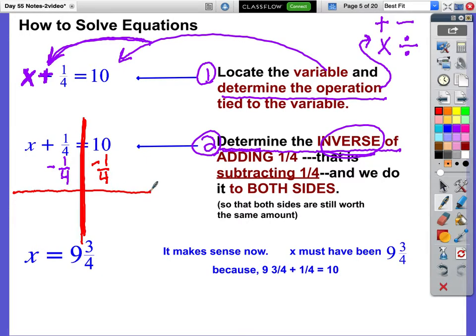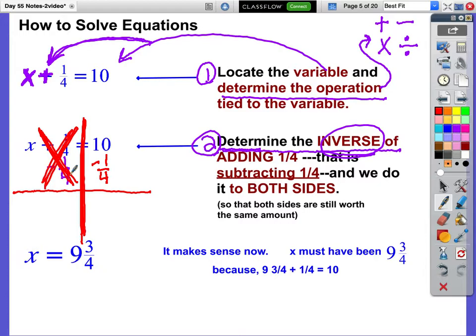To keep everything nice and neat, I always draw a line straight across and see what I need to do now. We know that a positive 1/4 and a negative 1/4 are opposites of each other, and so they equal 0, and so we get rid of them. We cross them out of our problem.